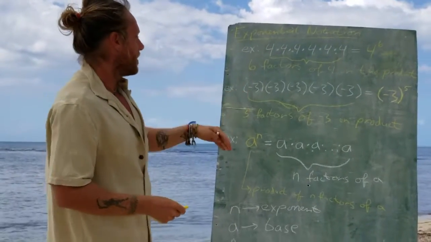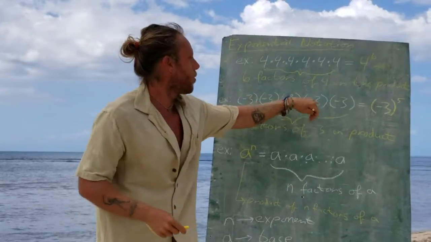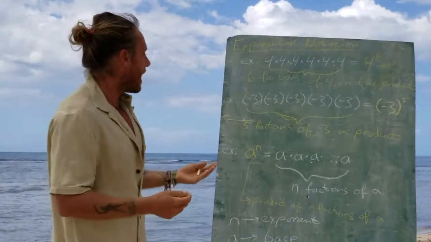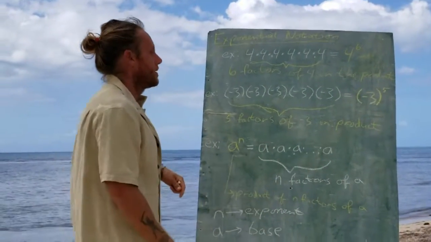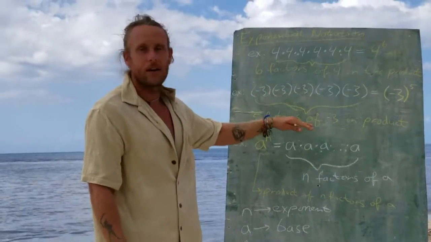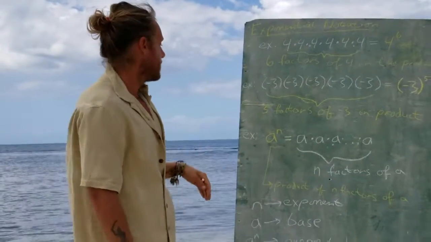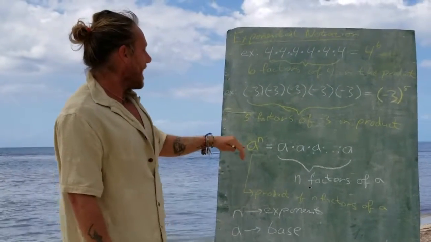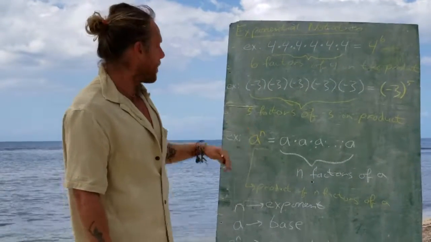Let's look at this one. We have negative 3 times itself, 1, 2, 3, 4, 5. We can write that as negative 3 with a little 5 on top of it. Again, we have 5 factors of negative 3 in the product. But we can generalize this. Let's look at any a to any n, or any a with a little n on top of it.